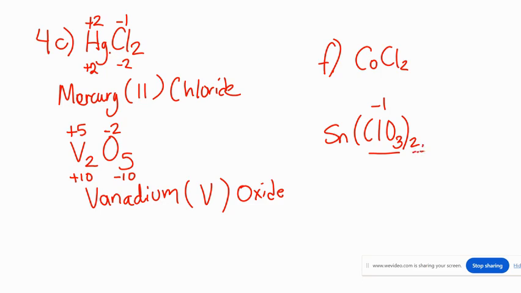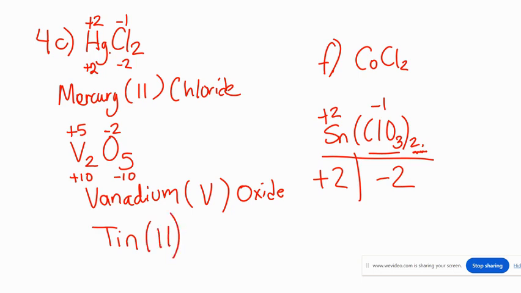Right here's where I got the 2 from. So my anion side is a -2, which means my cation side must be a +2. I only have 1 of them, so that 1 must be a +2. So this will be 10, 2, and then she already told me that this was chlorate.